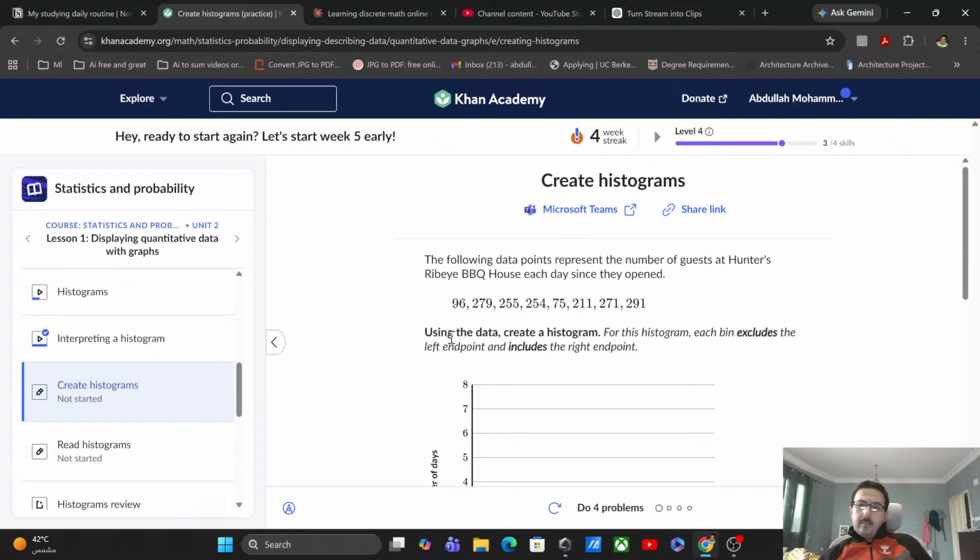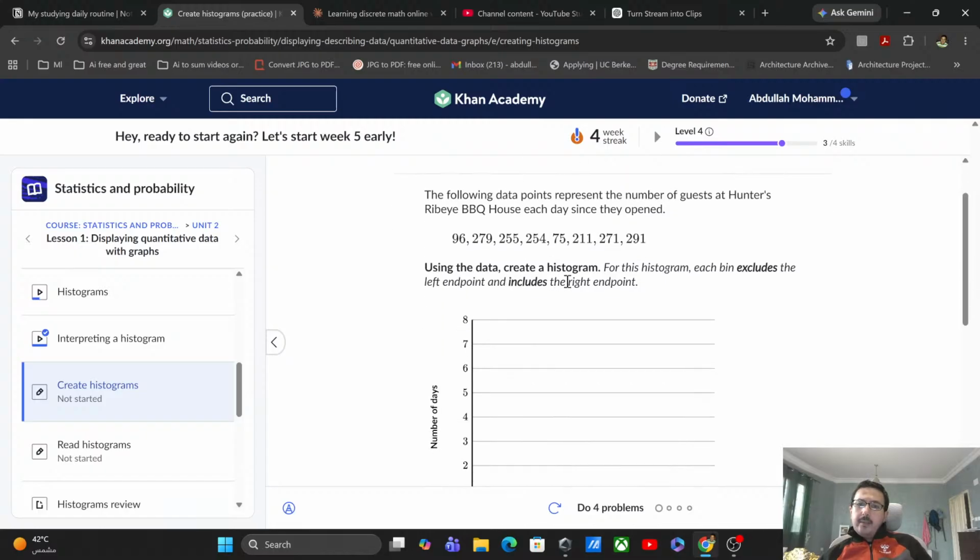Using the data, create a histogram, and each bin excludes the left endpoint and includes the right endpoint.